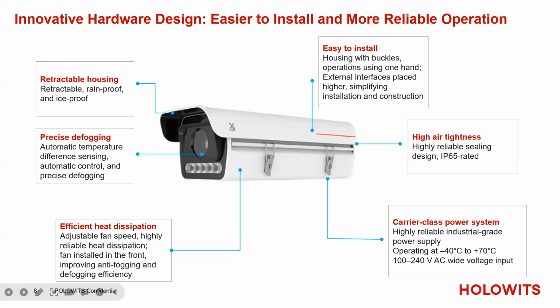Now look at the picture. You can see there are two buckles. This design allows you to make adjustment easily. And the remaining two points are some of the operating conditions.